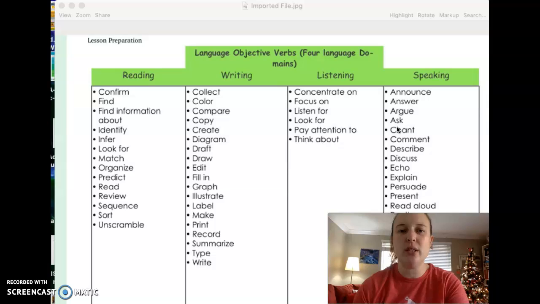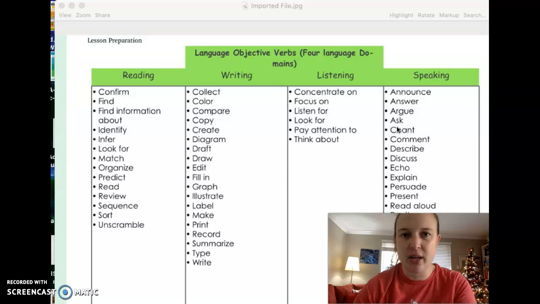Like, what are they going to need to do to show me that they understand my lesson on clouds or my lesson on apartheid in South Africa? So we would encourage you to look at the writing keywords or the speaking.